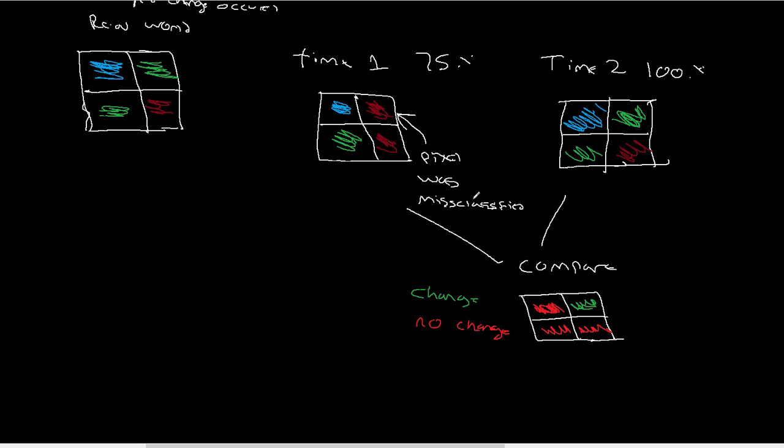Okay? But let's think for a second. We already said, according to the real world, that this pixel was supposed to be forest. And we said that no change has occurred, in our hypothetical example. But we measured change here. So this is an error.